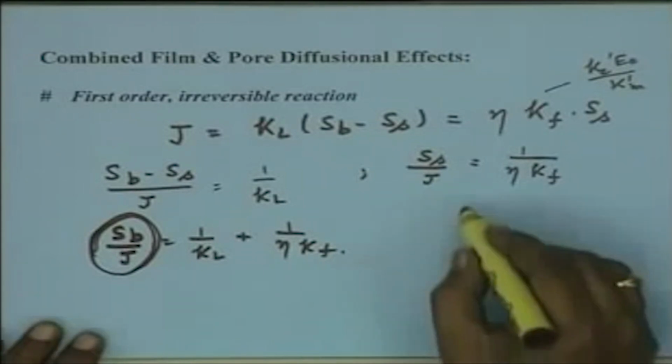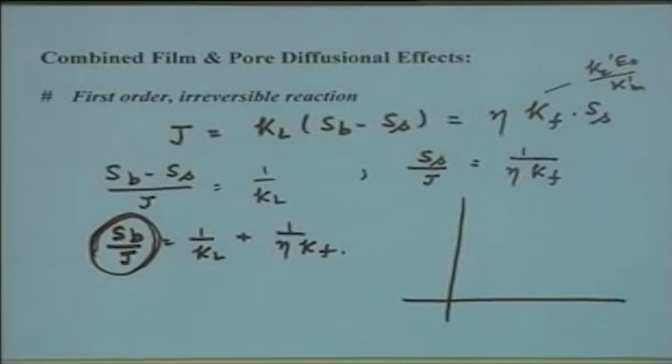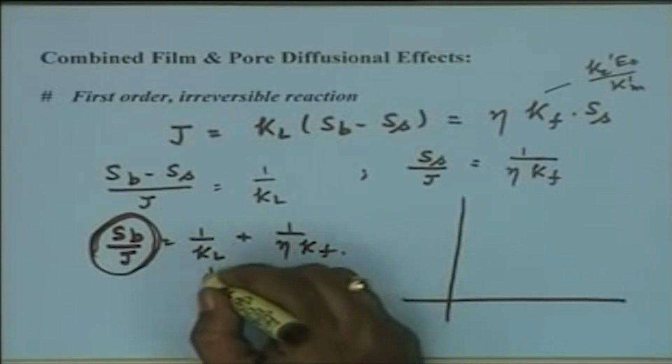So, if you carry out a continuous immobilized enzyme reactor and determine the steady state reactor performance at various fluid velocities, that is linear flow velocities, what you are essentially doing is varying the KL value.